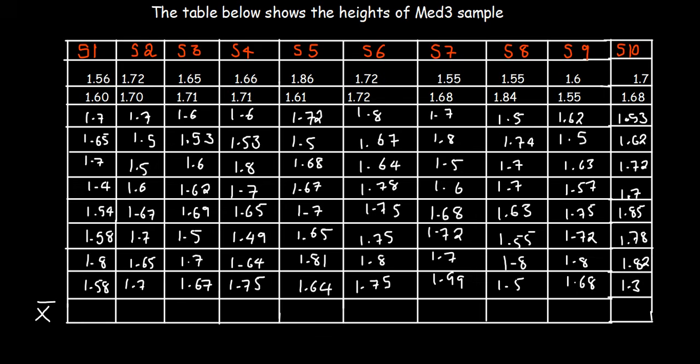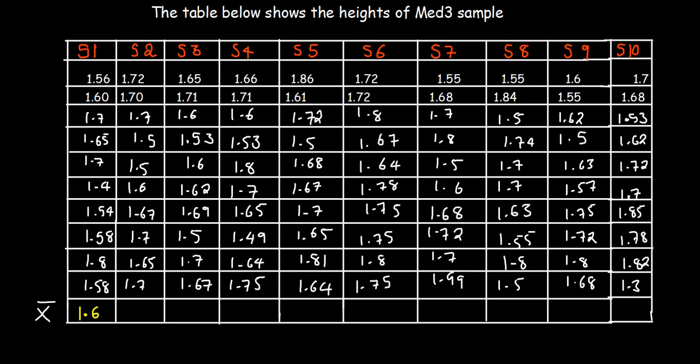Starting with S1, we are simply adding 1.56 plus 1.60 plus 1.7 plus 1.65 plus this plus this plus this. How many are they? 1, 2, 3, 4, 5, 6, 7, 8, 9, 10. So when you sum this and divide by 10, what you are going to find is 1.6. So that is the mean of the sample.